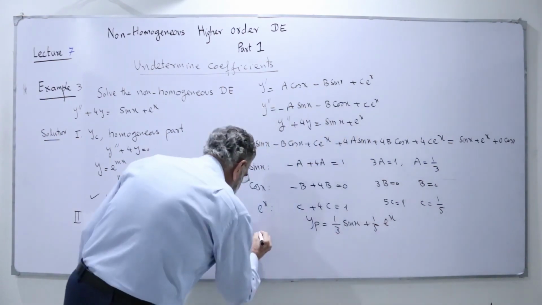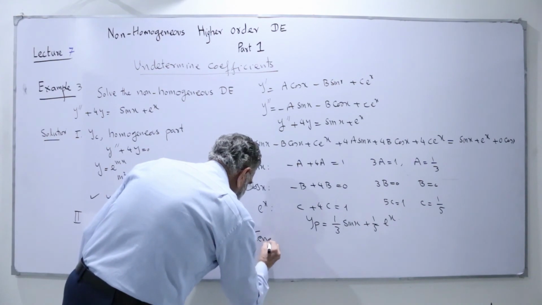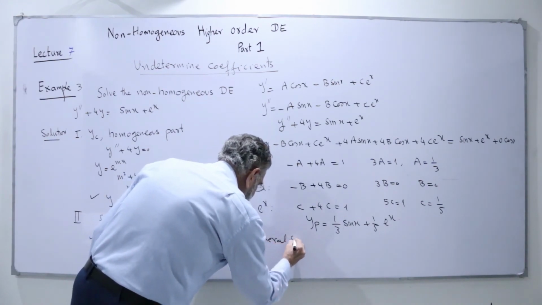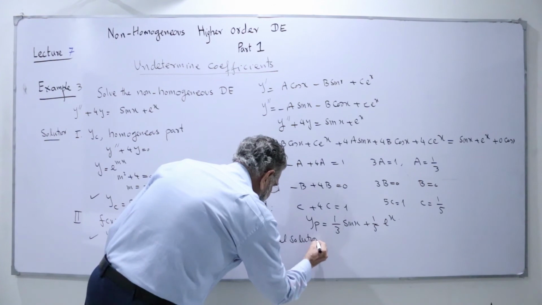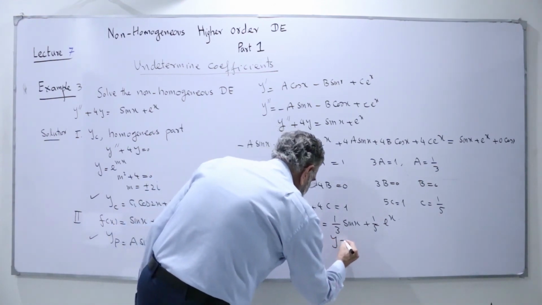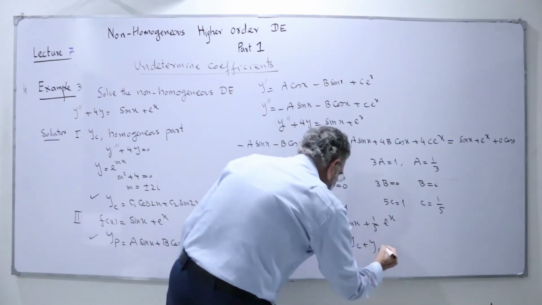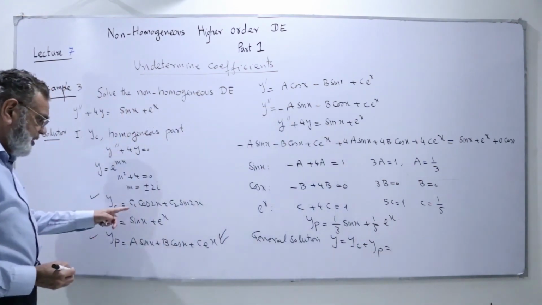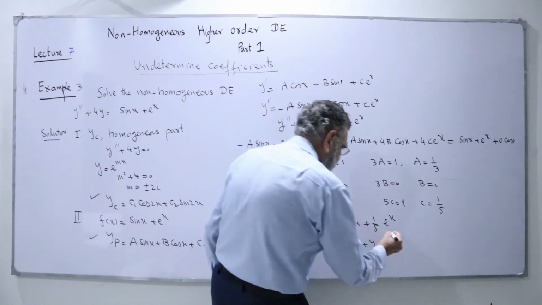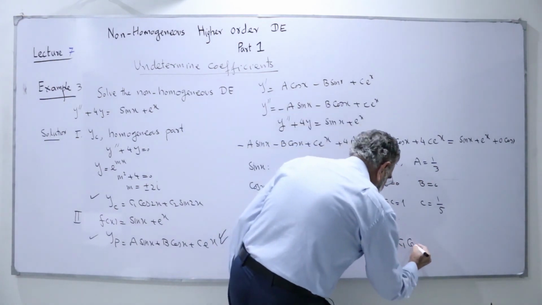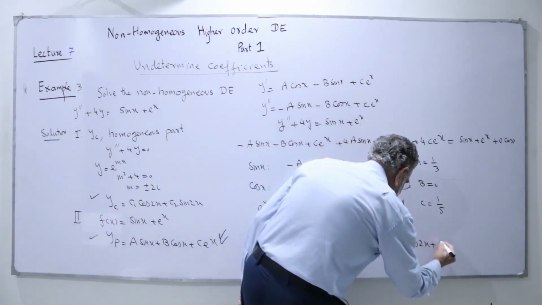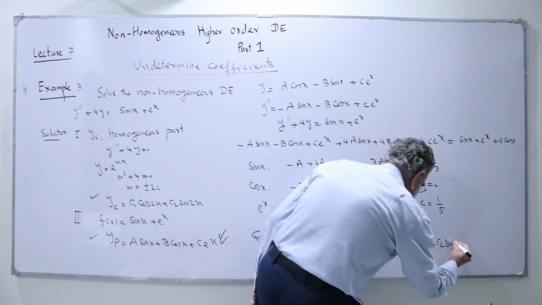Now to write my general solution, as I mentioned before, it's the addition of yc and yp. This is my yc: c1 cosine 2x plus c2 sine 2x.